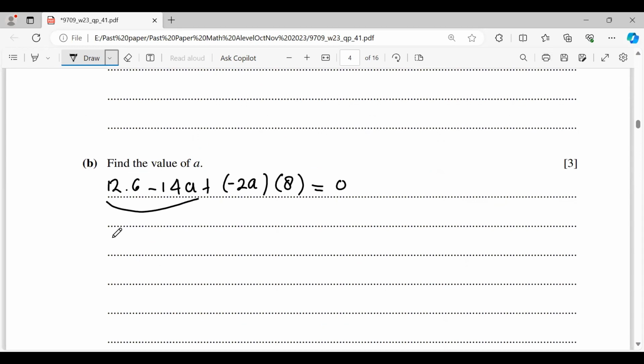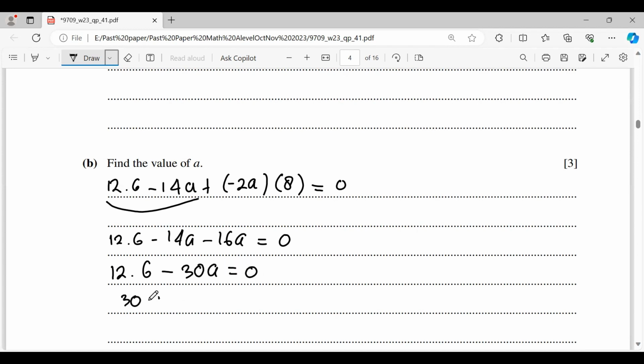Now we are going to find 14a minus 16a... so 12.6 minus 30a equals 0.